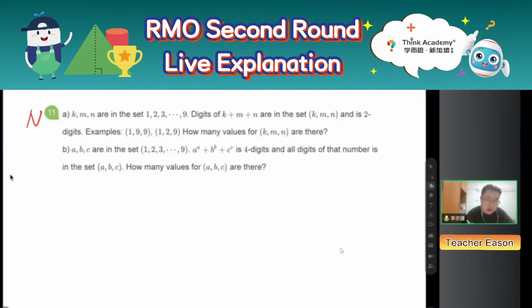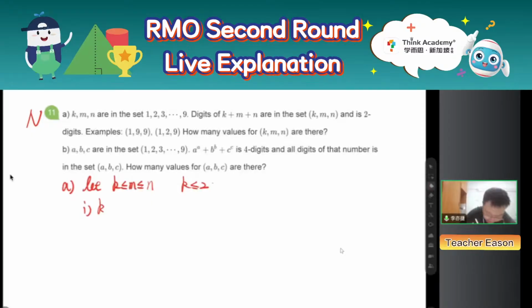So the whole question is all about estimation, because we need to know how large k plus m plus n can be. This is at most 27, so let k be smaller or equal to m, smaller or equal to n. The sum's tens digit must be at most 2, which means k is at most 2. So we just try the cases.